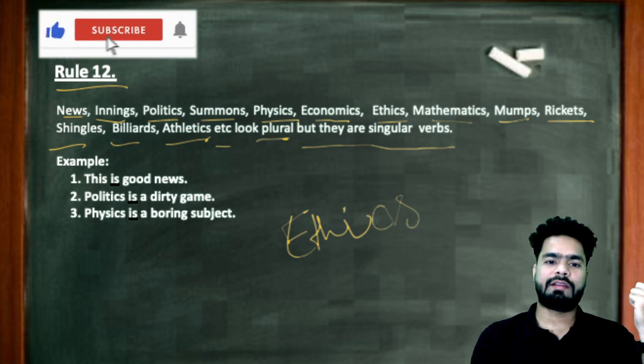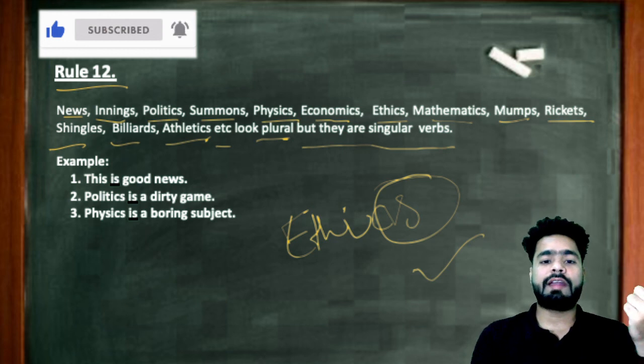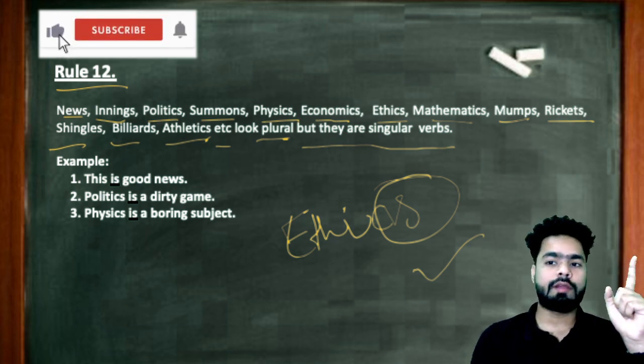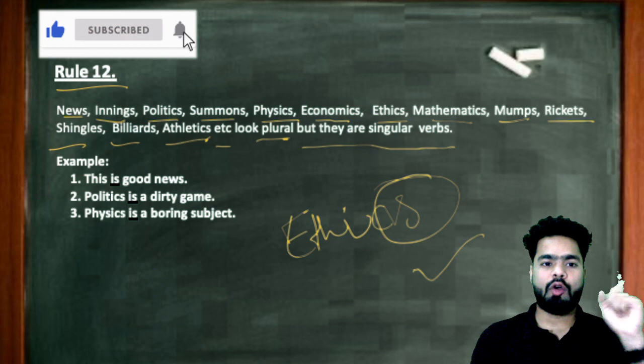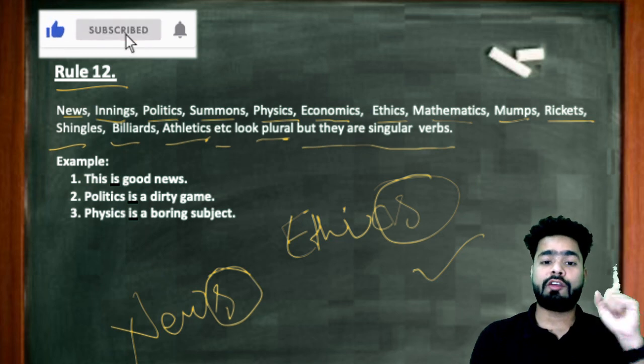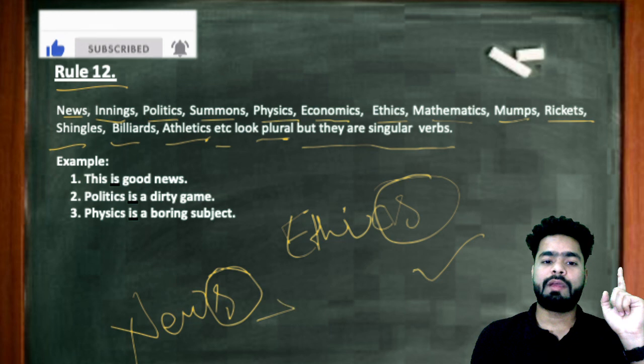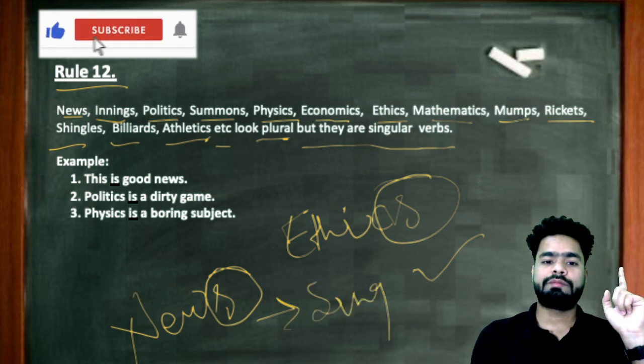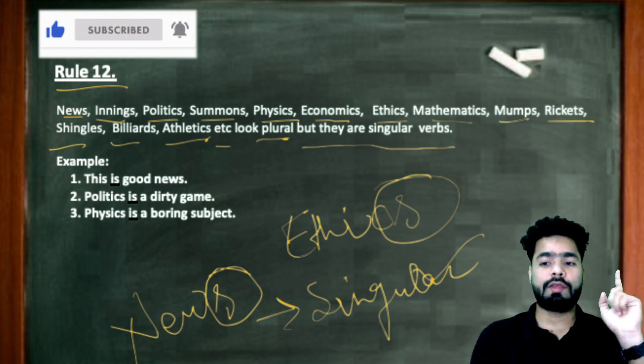Ethics, because s is there, we suppose it is plural, but they are always singular. News, because of s, we think it is plural, but no, it is always singular. Because it is singular, we use a singular verb with it.